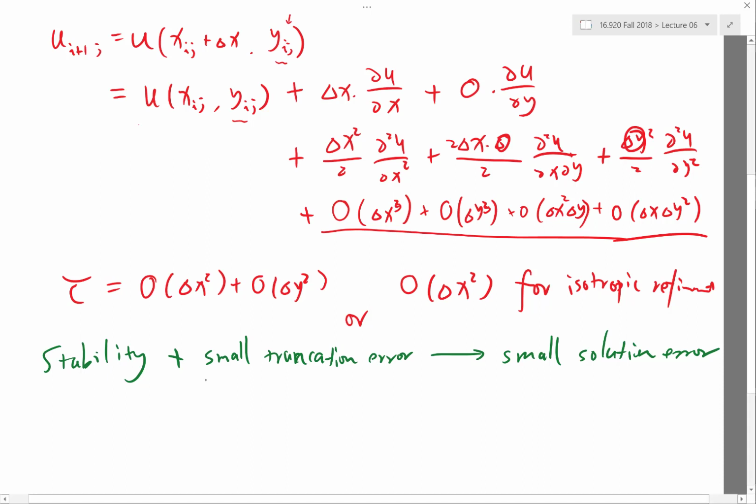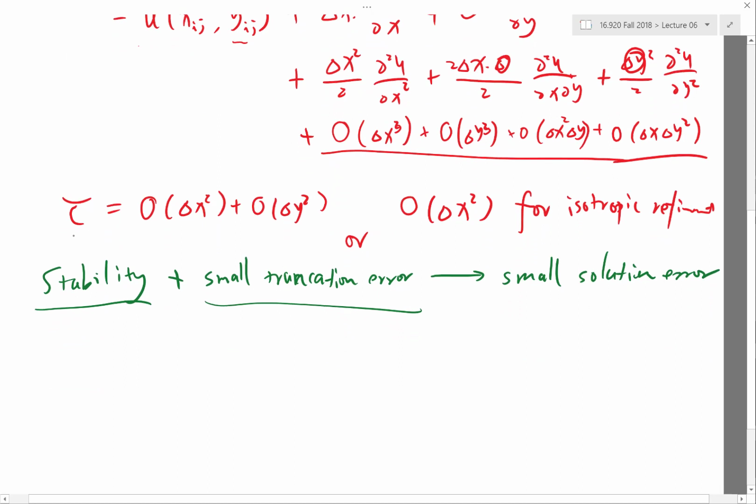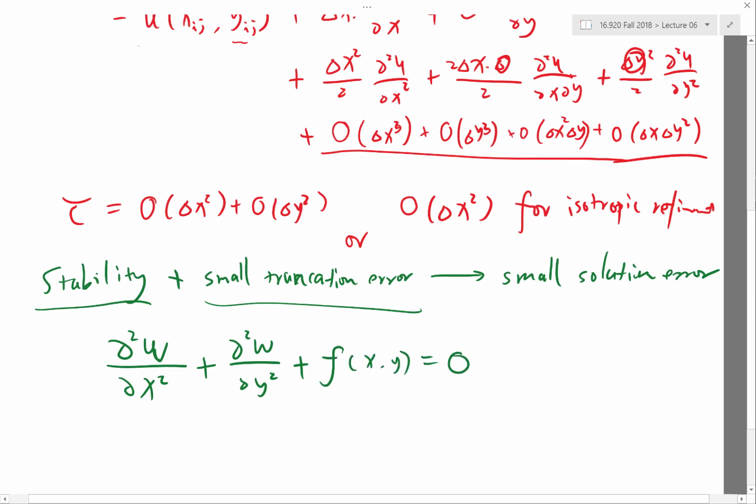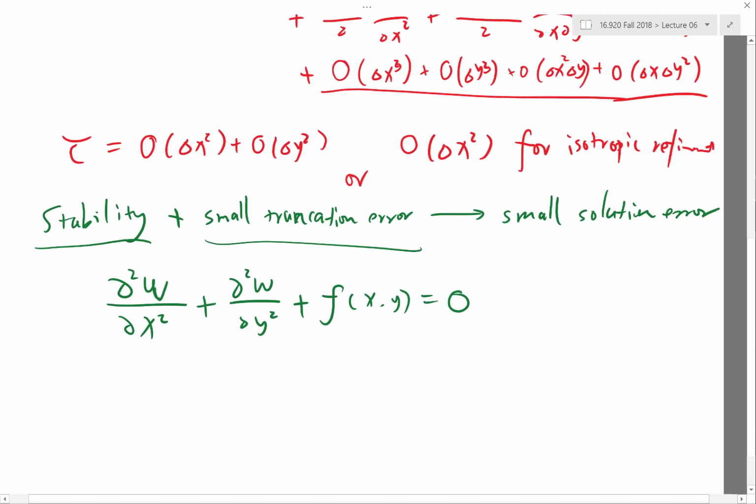In this particular case, the analysis of small truncation error is the same, but the analysis of stability is going to be very different. So the question is, how does the tau translate into a solution error if we are solving this equation? The second order derivative of x plus the second order derivative of y plus a known function f of x, y equal to 0. How do we analyze stability for that?